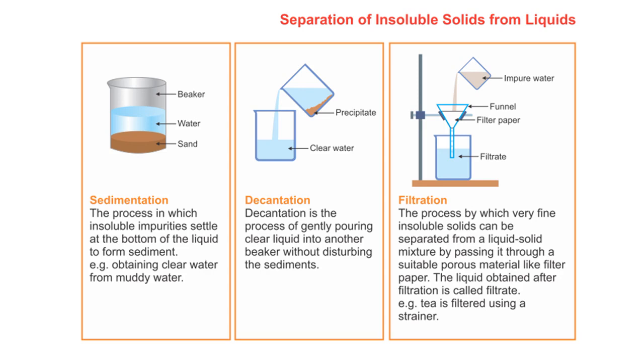Porous means having pores; the filter paper possesses pores, and those pores allow separation of such a liquid solid mixture, and the liquid obtained after filtration is called filtrate. Here you can also take an example. Tea is filtered using a strainer. The tea leaves get separated in the strainer.